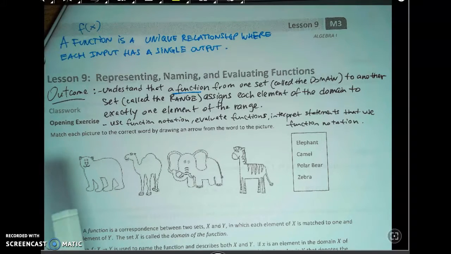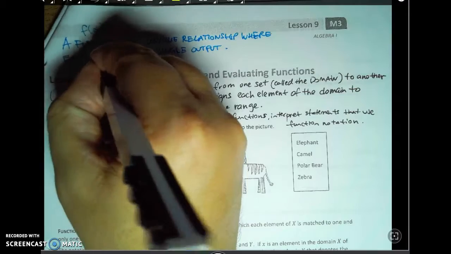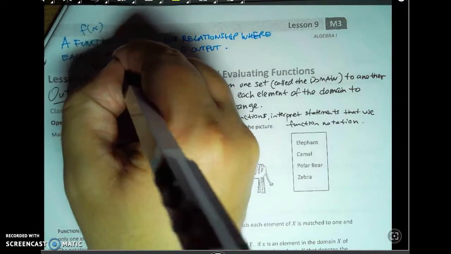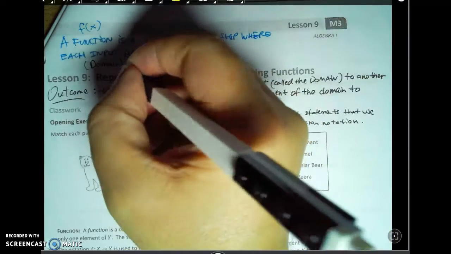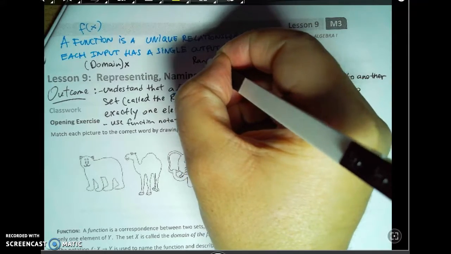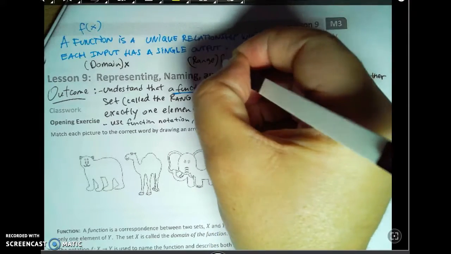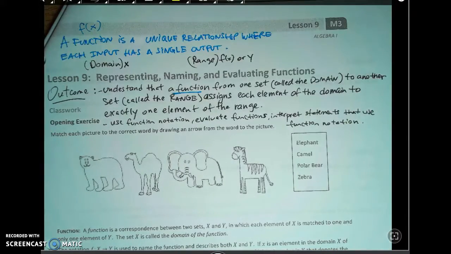Okay, we already talked about this, that the input relates to domain, meaning the x, and the output, f of x. So this will be x, and this is the range, f of x, or y, if we relate to our y-axis.